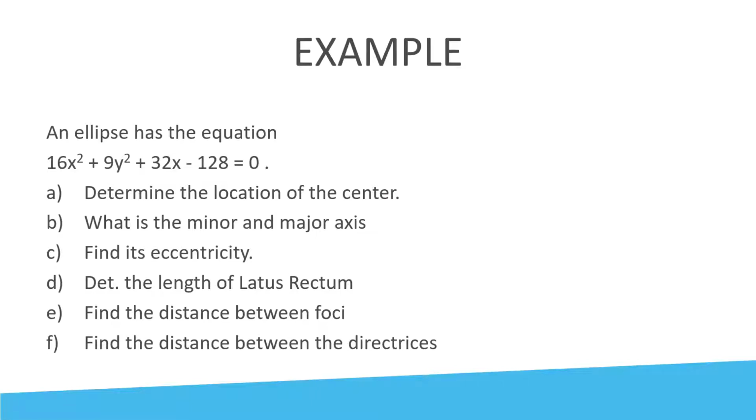An ellipse has the equation 16x squared plus 9y squared plus 32x minus 128 equals 0. Determine the location of the center, the minor and major axis, the eccentricity, length of latus rectum, distance between foci, and the distance between directrices.